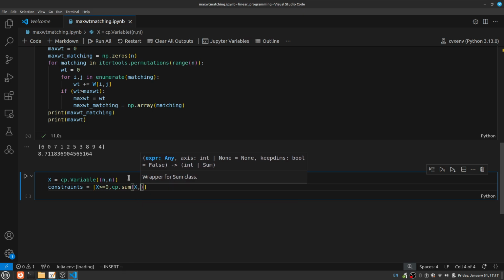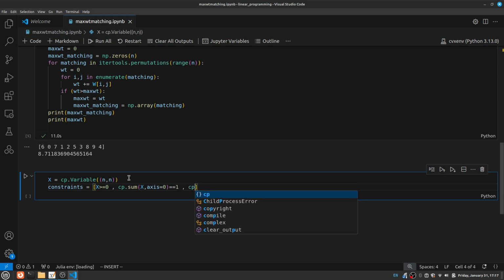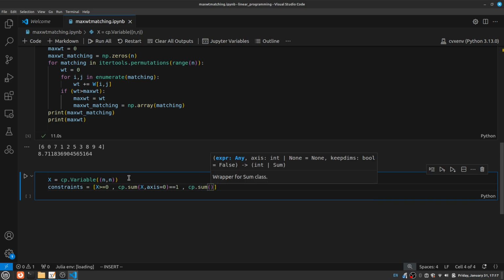So the sum of the entries of x along a particular axis should be equal to 1. And the sum of the entries of x along the other axis should also be equal to 1.